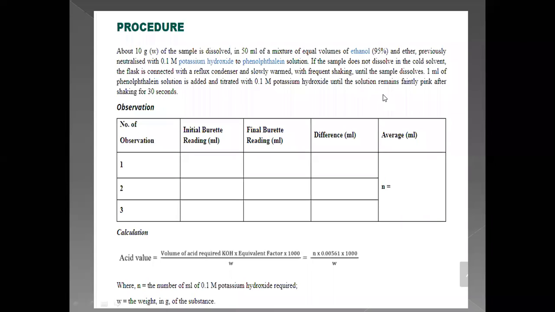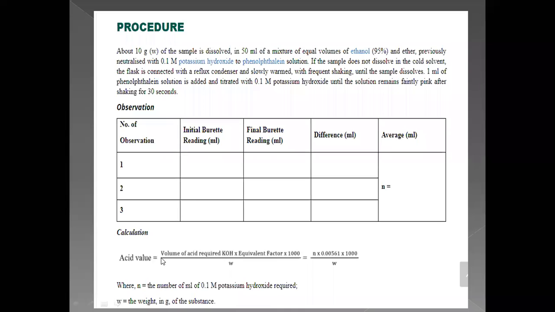So the solution will produce a faint pink color which will not vanish after 30 seconds. So this will be the end point of the titration. So we are going to note down the burette reading and take the average of all those burette readings.